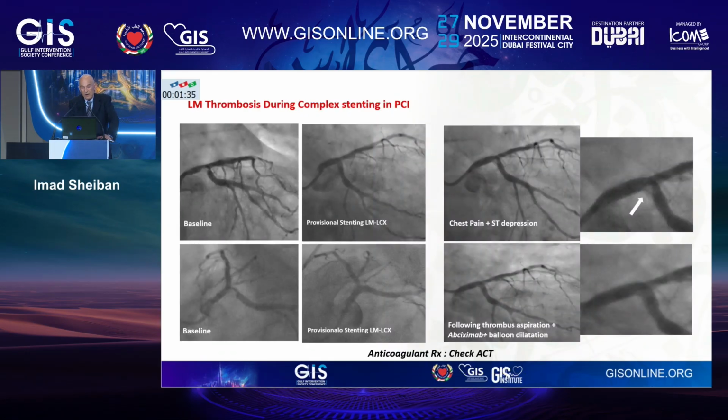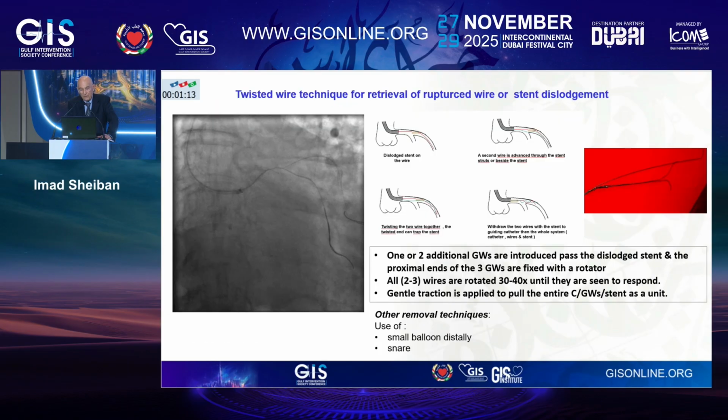Thrombosis during complex stenting in left main, as you can see, you should look at very carefully. I think you can fix that with aspiration and, of course, reinforcing the antithrombotic therapy as well.